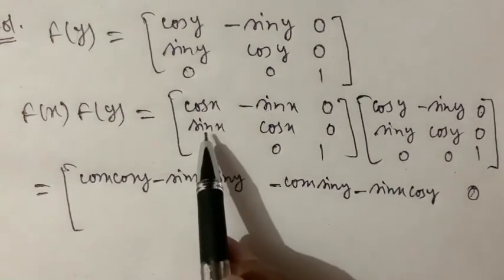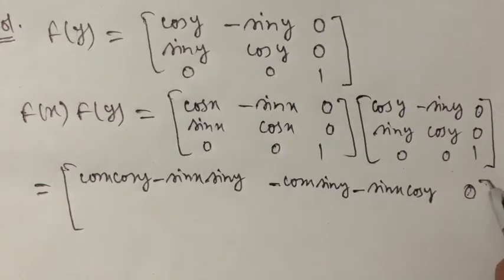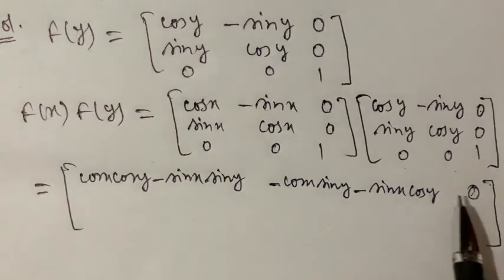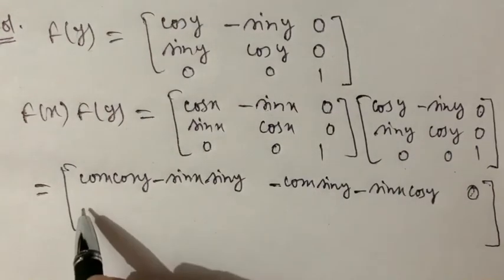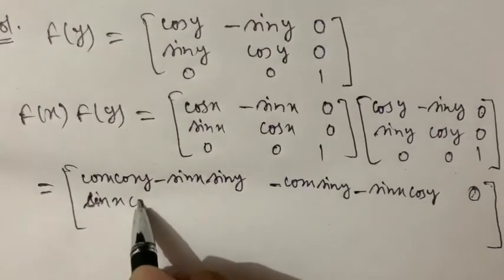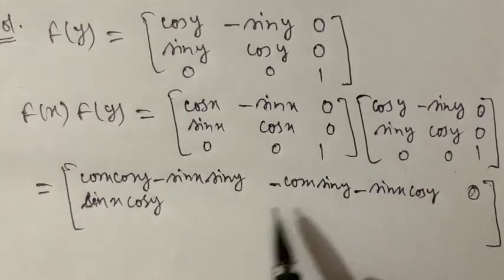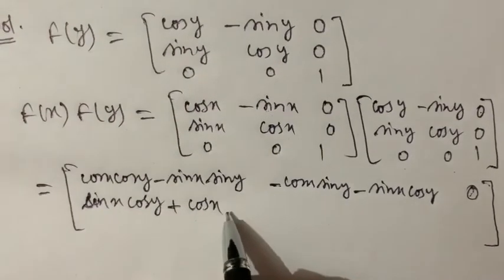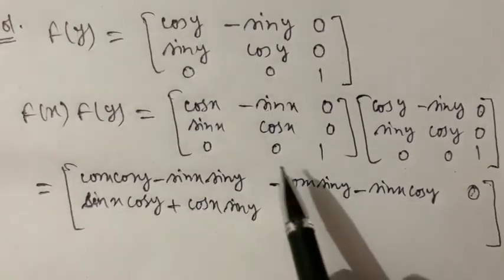Then we will move to the second row because we have no more columns here. So we will have this one. Now sin x into cos y will be there. Then we have plus cos x into sin y.